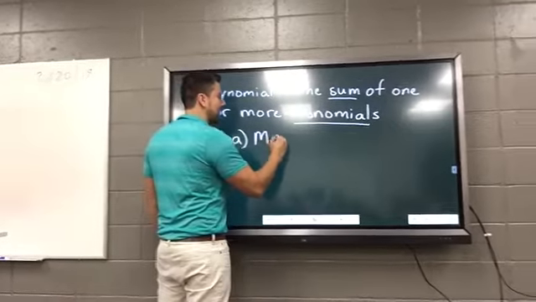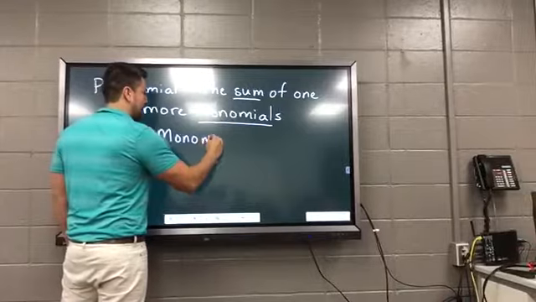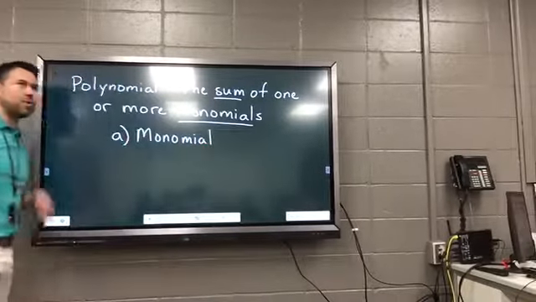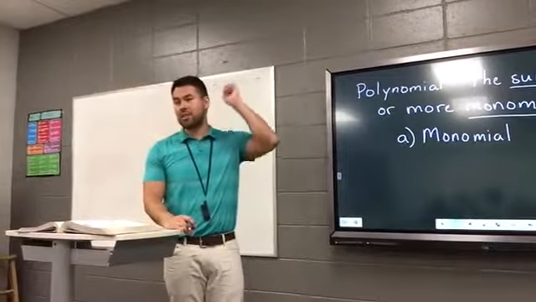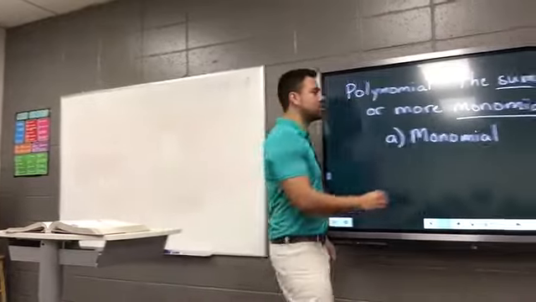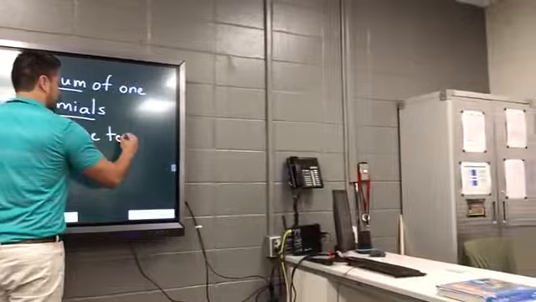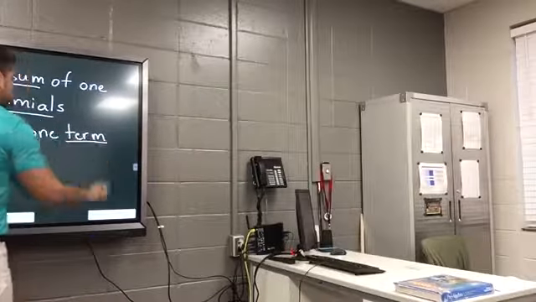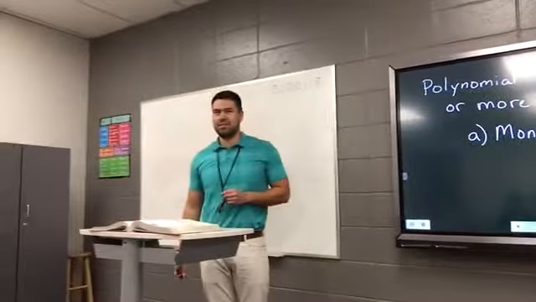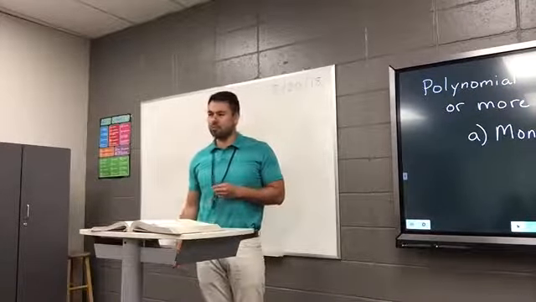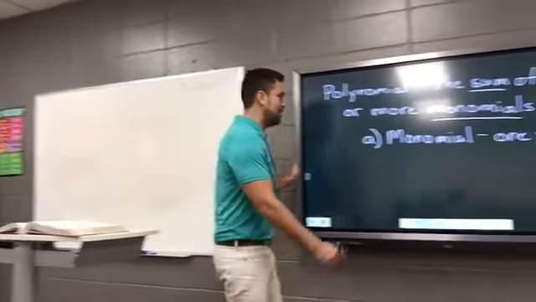The first kind is a monomial. Is a monomial a polynomial? By this definition, yes. It has one term. I'm using the word term as a math term, so you have to know what term means. We've talked about it before, but hopefully we'll get it down.